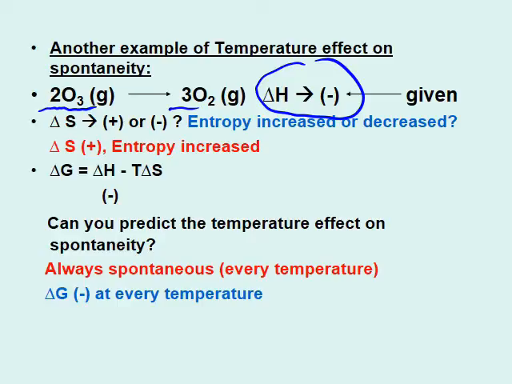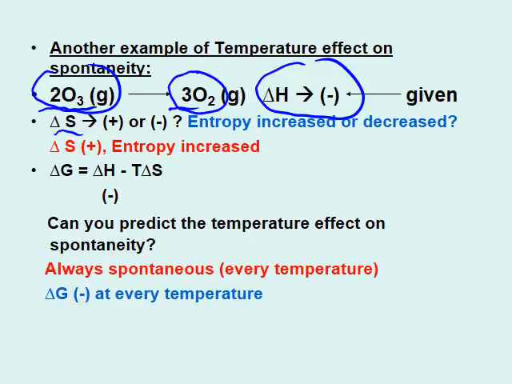We need to figure out what the delta S value is. Is it going to be positive or negative? In other words, is entropy going to be increased or decreased? We start with 2 moles of ozone but end up with 3 moles of oxygen. So the number of moles has increased.